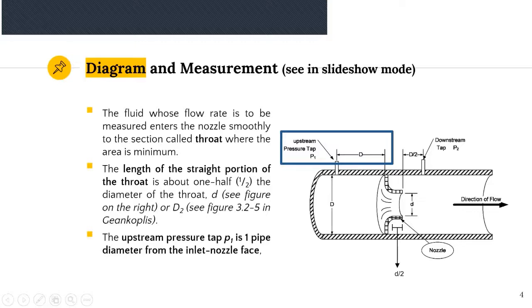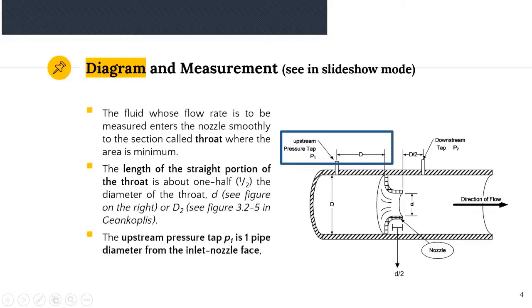Now, again, Venturi, orifice, and also flow nozzle meter.